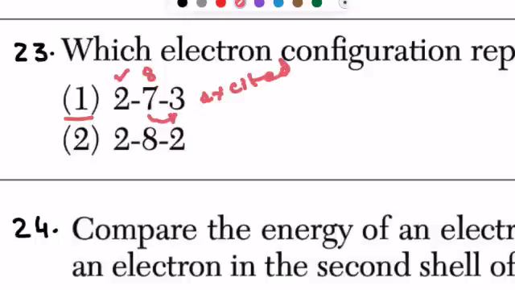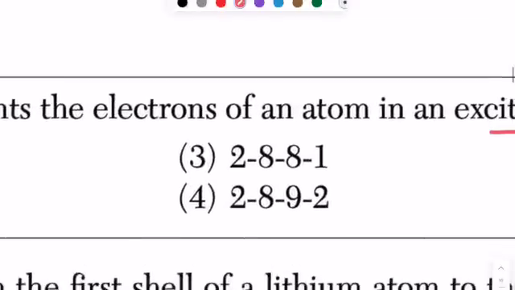If you look at option 2, we see that orbit number 1 is complete, orbit number 2 is complete. In this case, nothing is incomplete, so this is just the ground state. If you look at option 3, we have 2, 8, 8, 1. So 1 looks complete, 2 looks complete, 3 looks somewhat complete. So this is also a ground state.